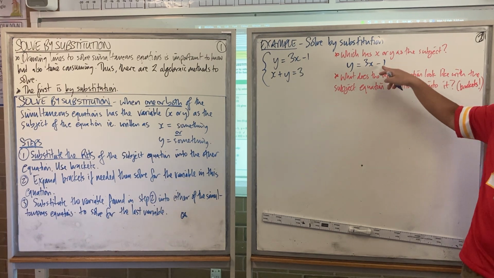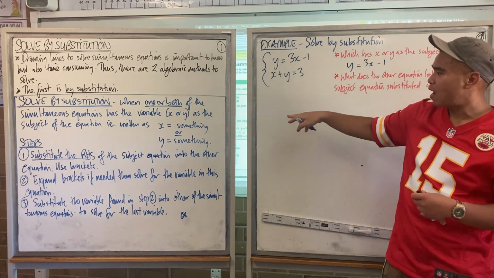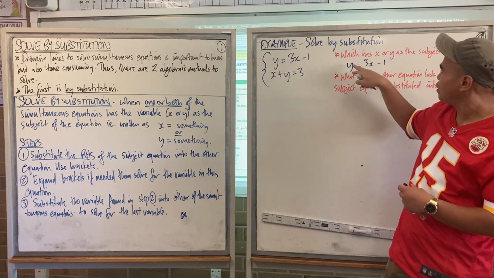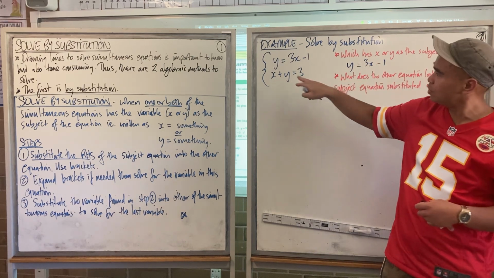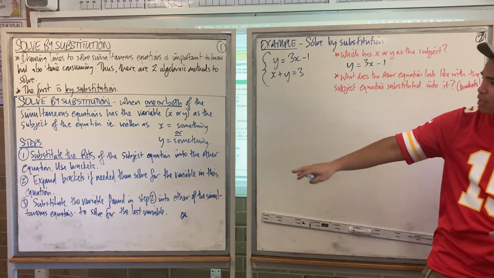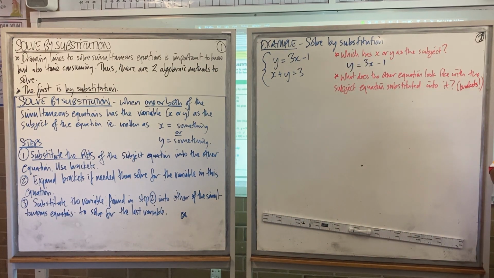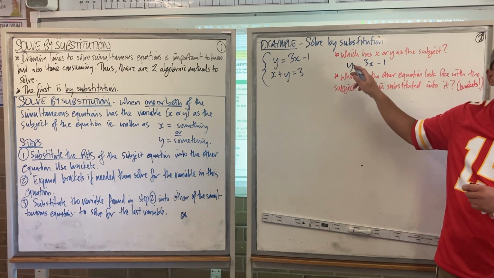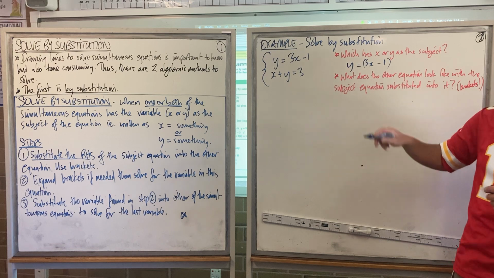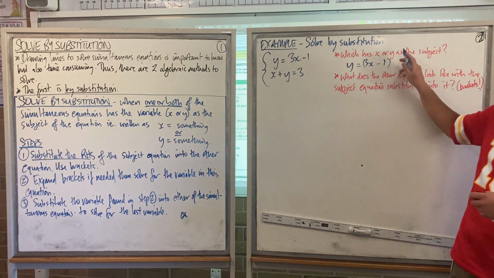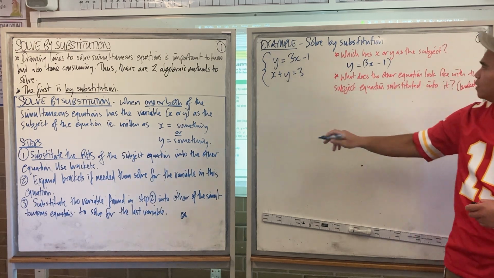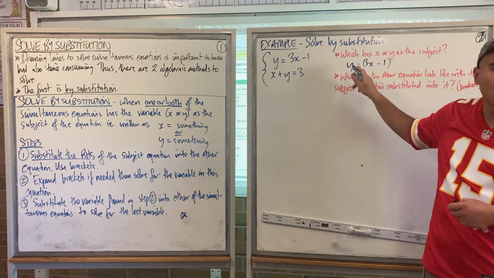So now that's step one. I need to decide which is the subject equation. So you decided this was the subject equation. So step one is substitute the right-hand side of that subject equation into the other one using brackets. So what's the right-hand side of this? 3x minus 1, chuck it into brackets. That gets substituted into this one here. So this is telling you what y equals.